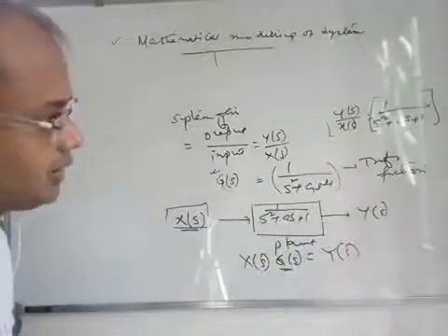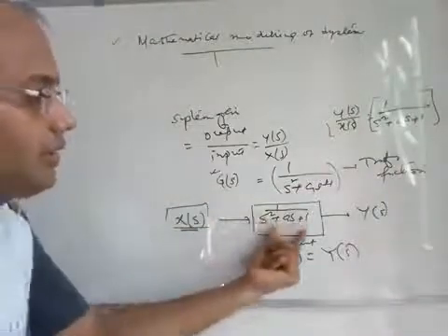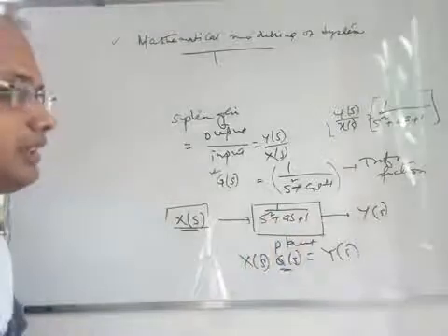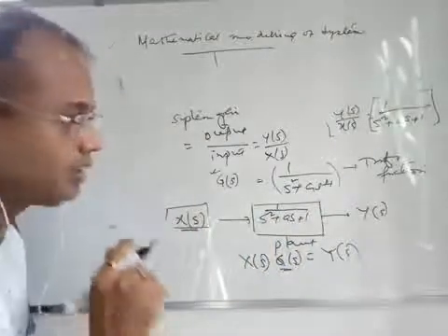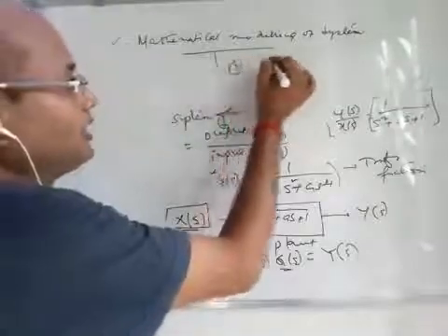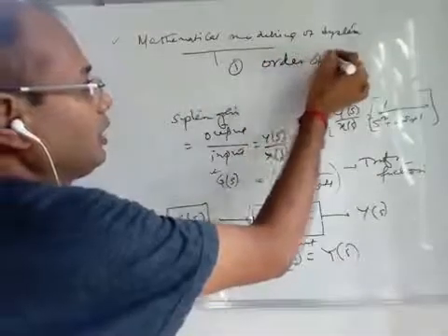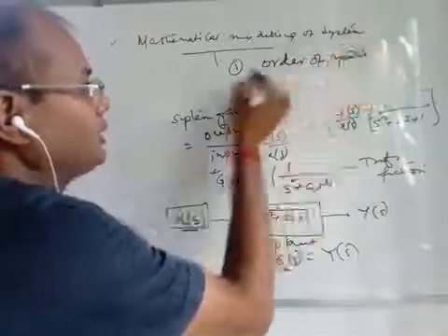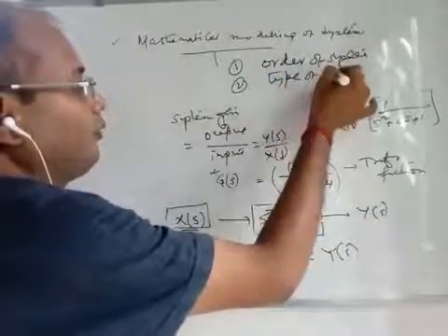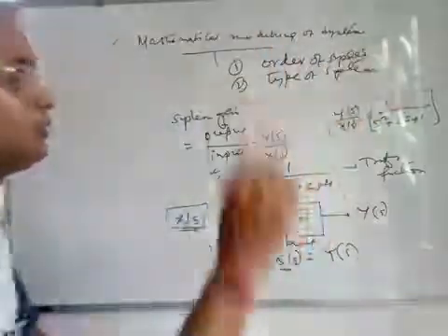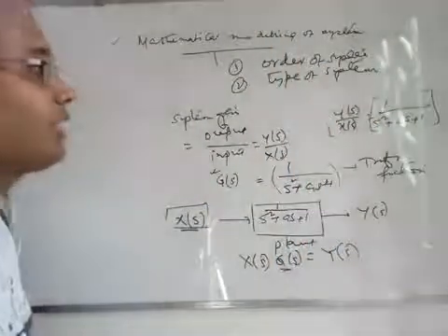Now once you get this kind of transfer function, there are two more terms coming. First of all, the order of the system. Second one, the type of the system.